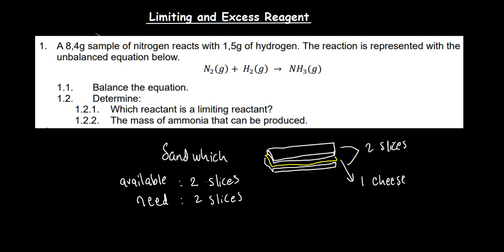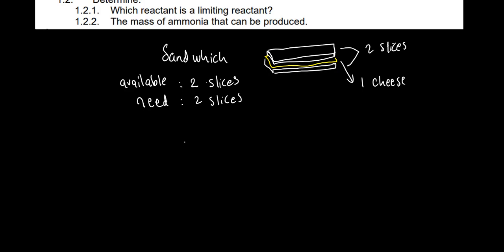Let's put it another way. Let's say you had four slices available. If you have four slices, this is still your sandwich, with the cheese and still two slices of bread.